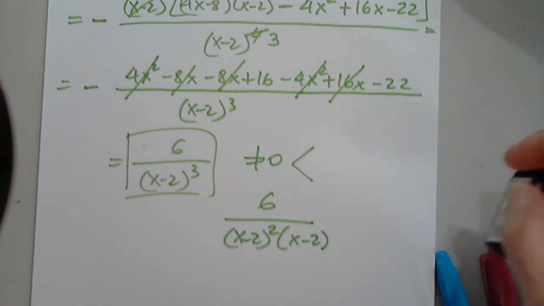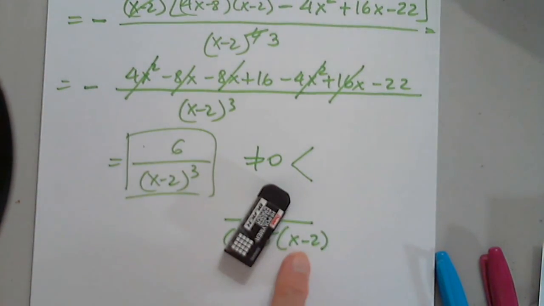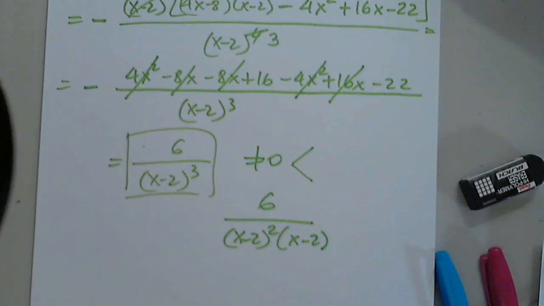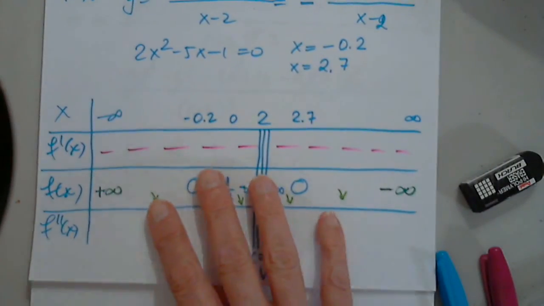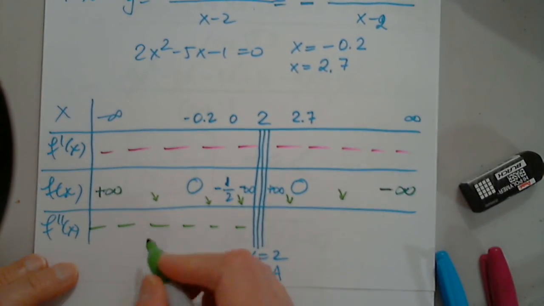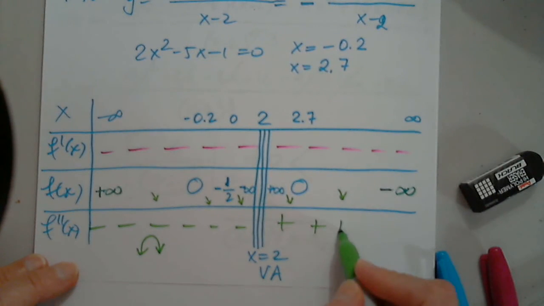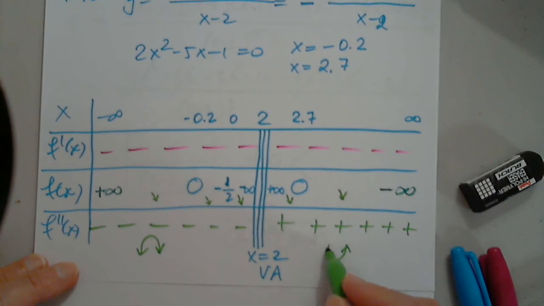And yes, this is always positive, but this one not always positive. Is negative to the left of 2 and positive to the right of 2.